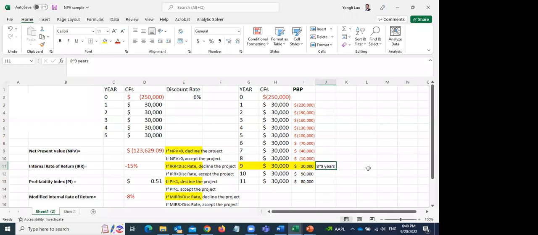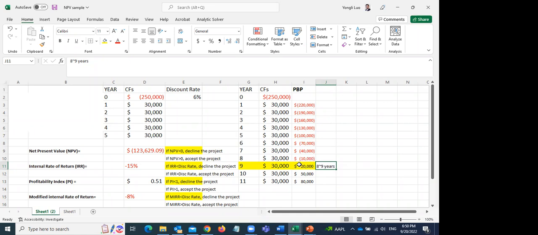Sometimes you want to know exactly how many years that is. Think about year 9: the total revenue you generate is 30,000, and you don't need all 30,000. You only need 10,000, so the balance is only 10,000. That means of the whole year you generate 30,000, you only need 10,000 to get all your money back.